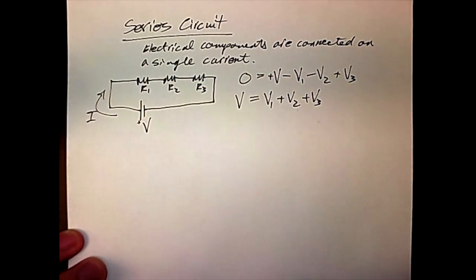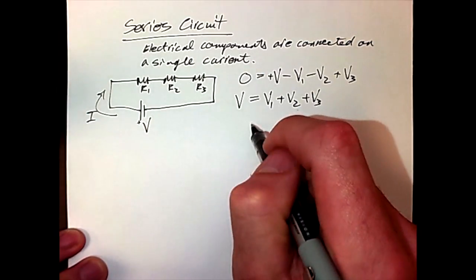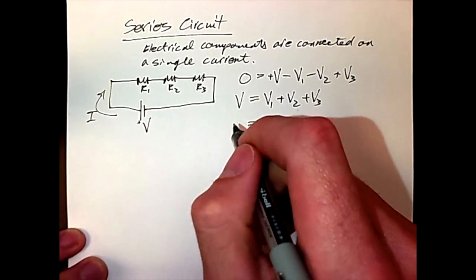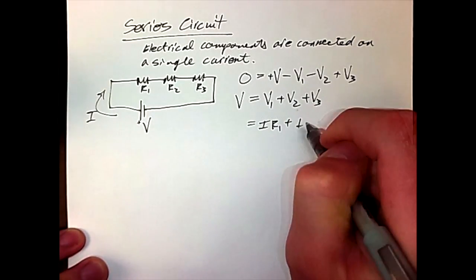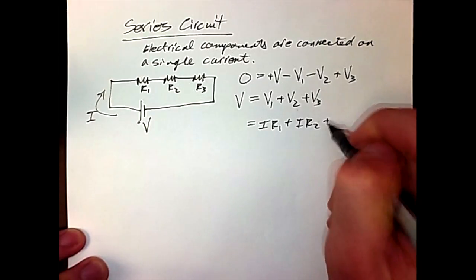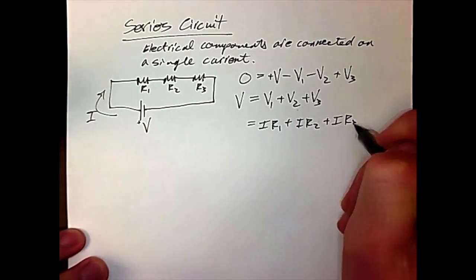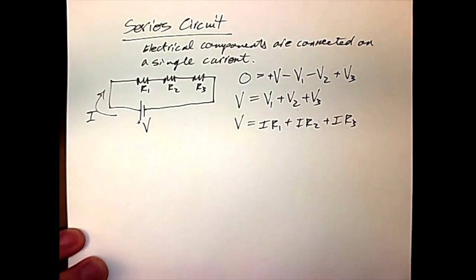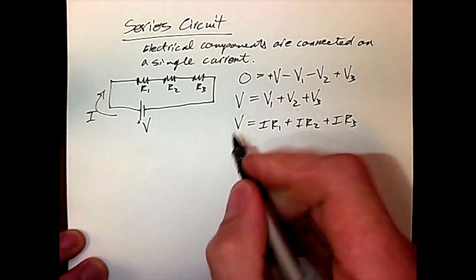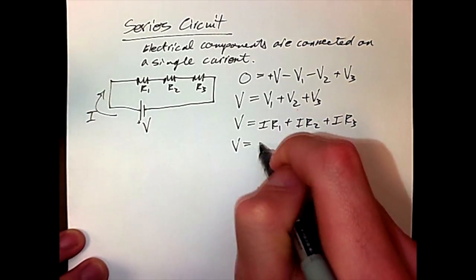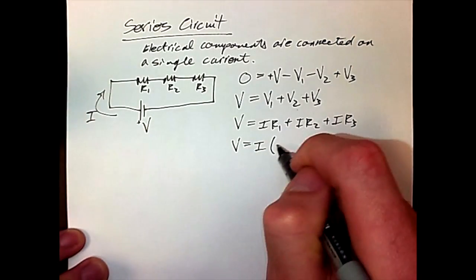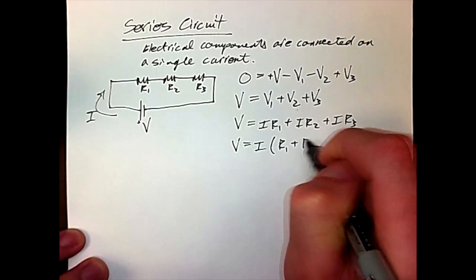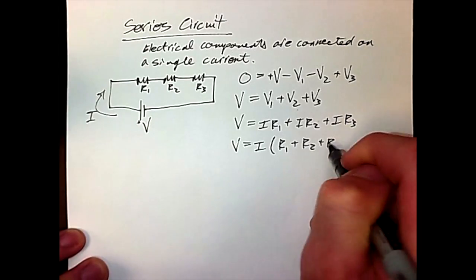And so if I substitute in Ohm's law for these, then we have I times R1 plus I times R2 plus I times R3. And so the total voltage is a function of current, which is the same in all cases because remember there's only one, times the sum of the resistances, R1, R2, and R3.